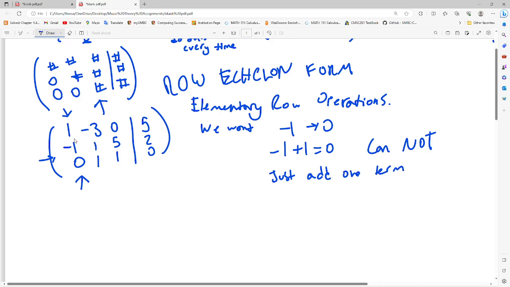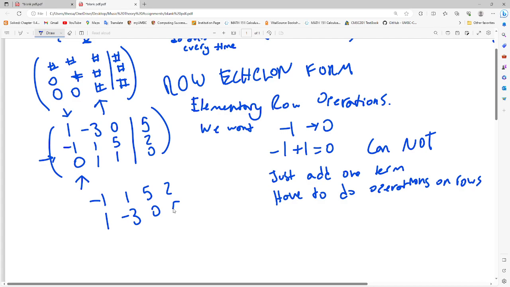What we want to do to one term, we have to do to the whole rows. So we want this to be 0 by adding this 1, and we have to add both of the rows. So what we're going to do is write -1, 1, 5, and 2, and then 1, -3, 0, and 5.